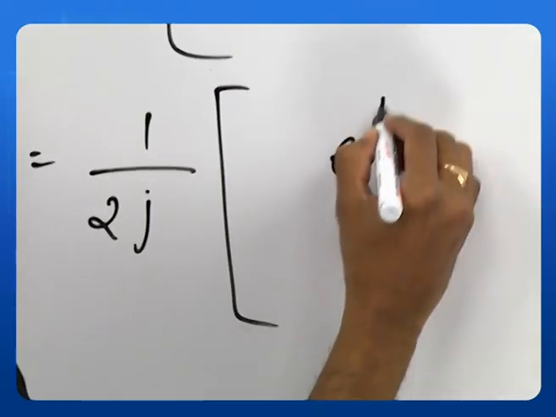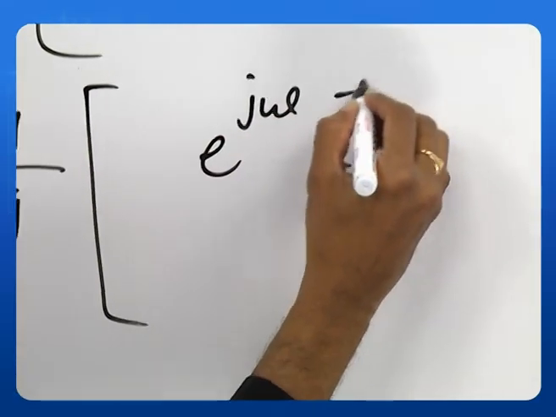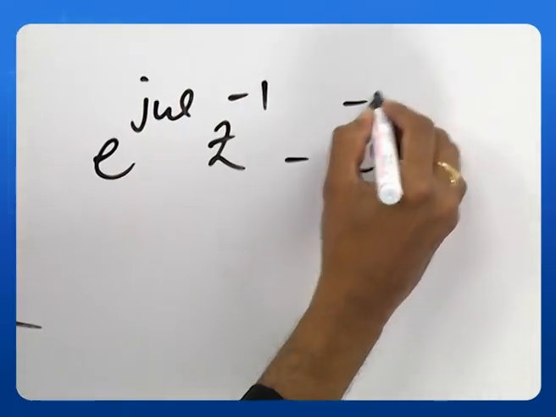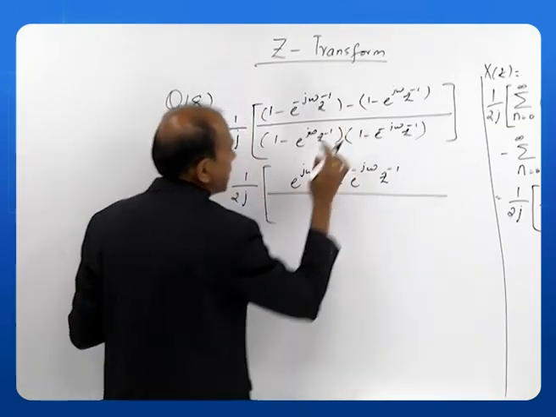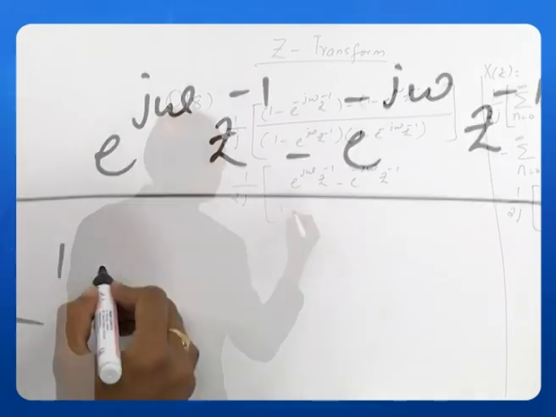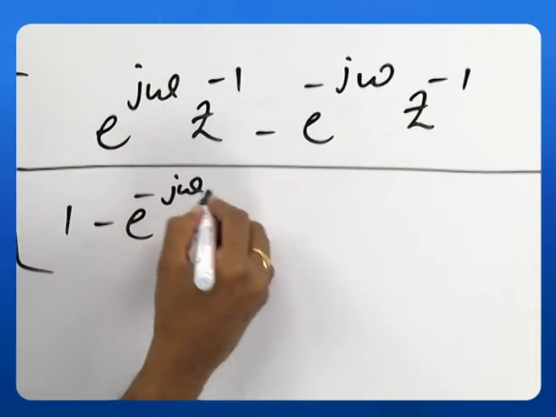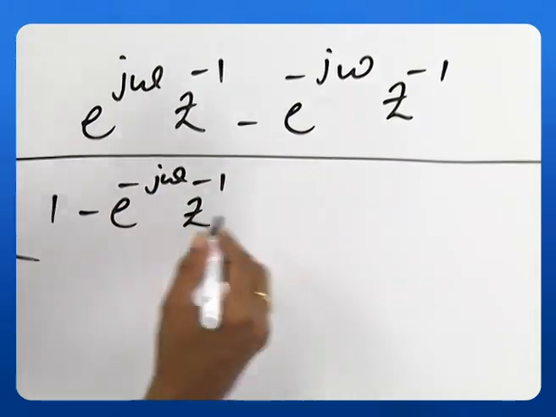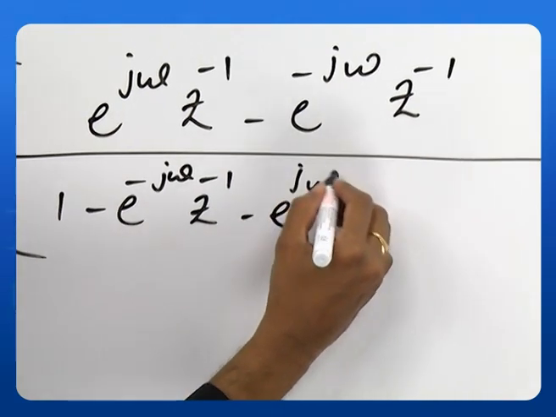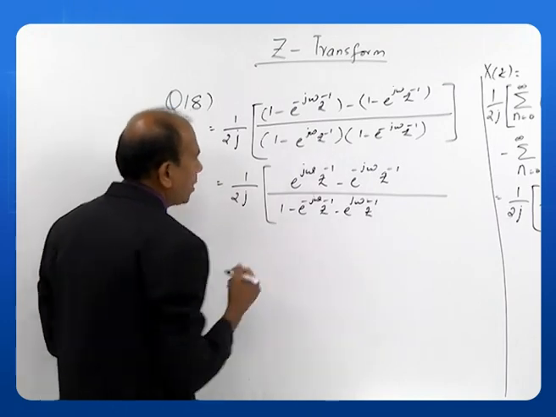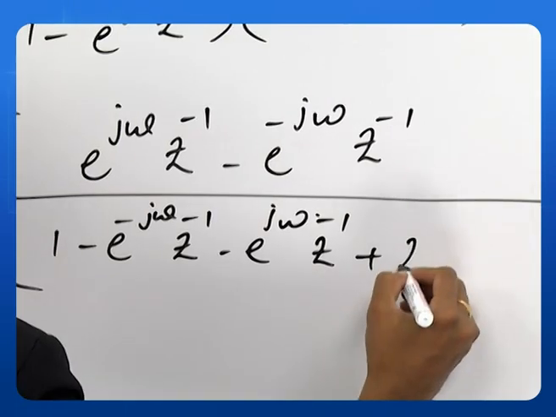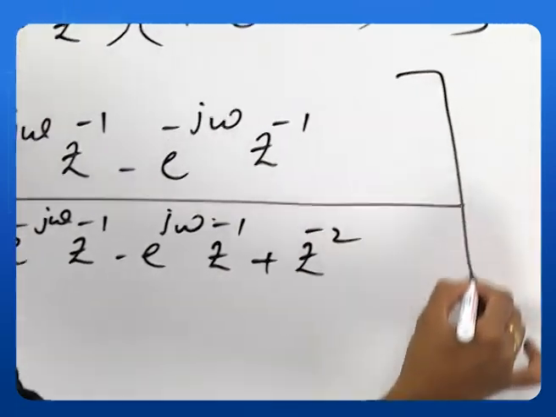So this is getting cancelled. That will be equal to e^{jω} z^{-1} minus e^{-jω} z^{-1}, right? Then comes here 1 minus e^{-jω} z^{-1} minus e^{jω} z^{-1}, plus z^{-2}.